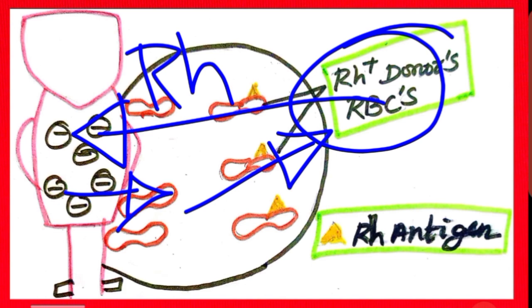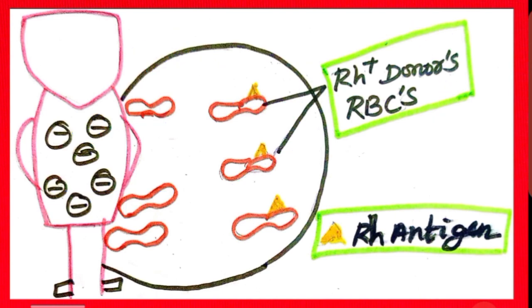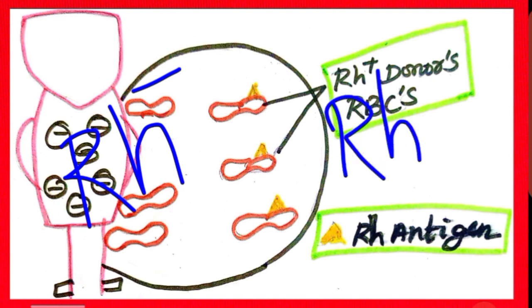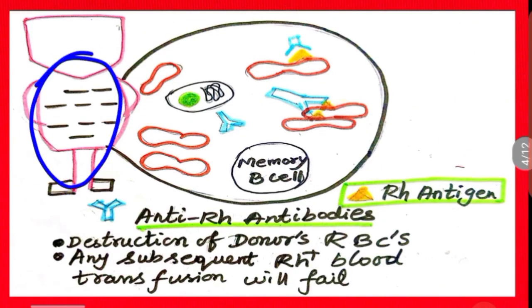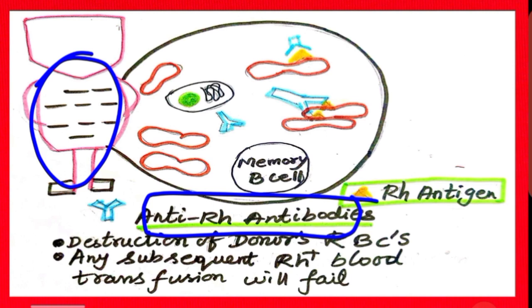This is because the immune system of the Rh negative person sees these Rh antigens as foreign antigen, or alien antigen, or non-self antigen. As a result, the Rh negative person produces anti-Rh antibodies, right?